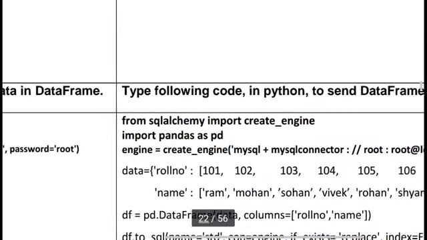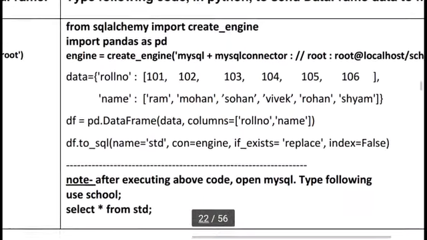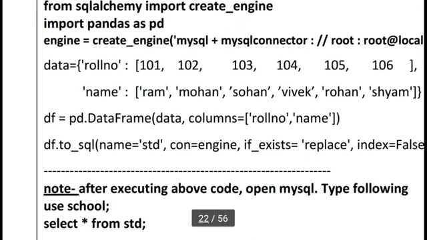So for exporting, you can see here, I am using data equal to roll number, name. Here I am creating 101, 102, 103. Here I am taking some roll numbers and, regarding them, names: Ram, Mohan, Sonu, Vivek, Rohan, Shyam.